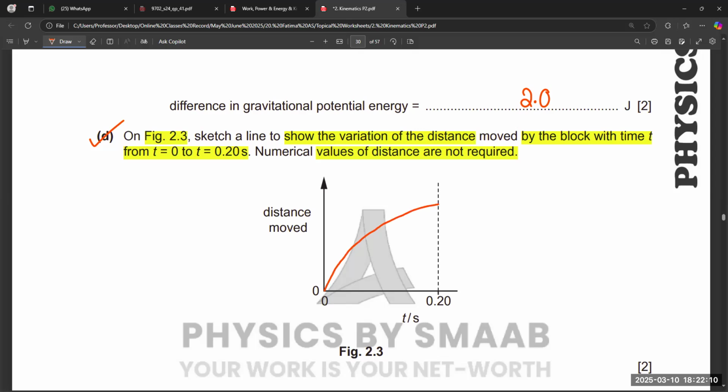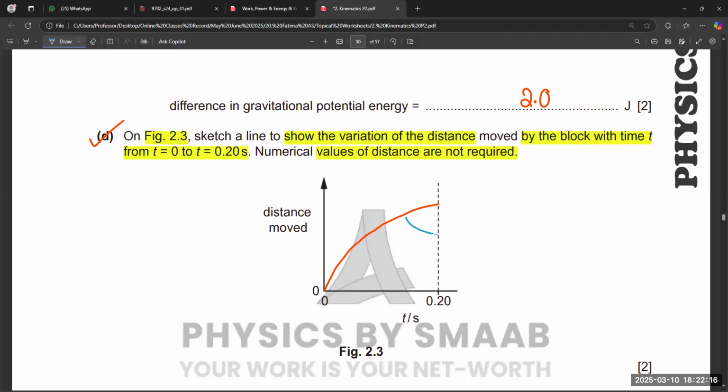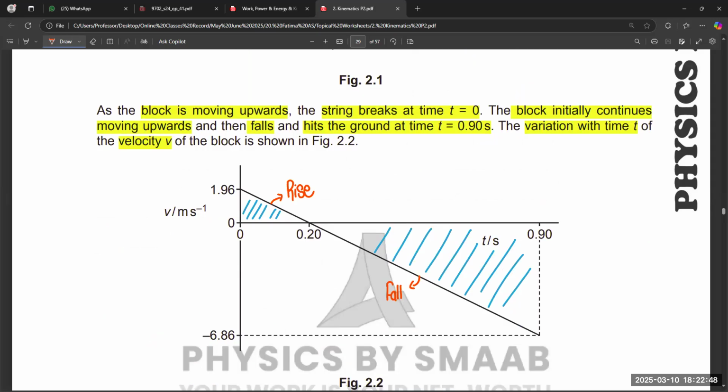Because the gradient of a distance time graph represents speed, this is a decreasing curve, showing decreasing velocity, right? This is the graphical representation because they are talking about time t equals 0.2 seconds. At 0.2 seconds, the speed in the speed time graph is not constant.